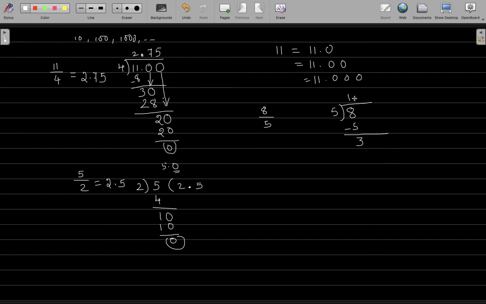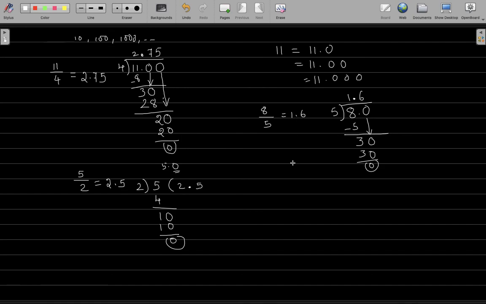What we do, we add a decimal point here in the quotient, and we imagine 8 as 8.0. Let me just bring down the next 0 after the decimal point, because I already included a decimal here in the quotient. I will bring down this 0 here, making it a 30. Now you know 5 times 6 is 30. This will give you a 0 remainder. So 8 by 5 is 1.6.